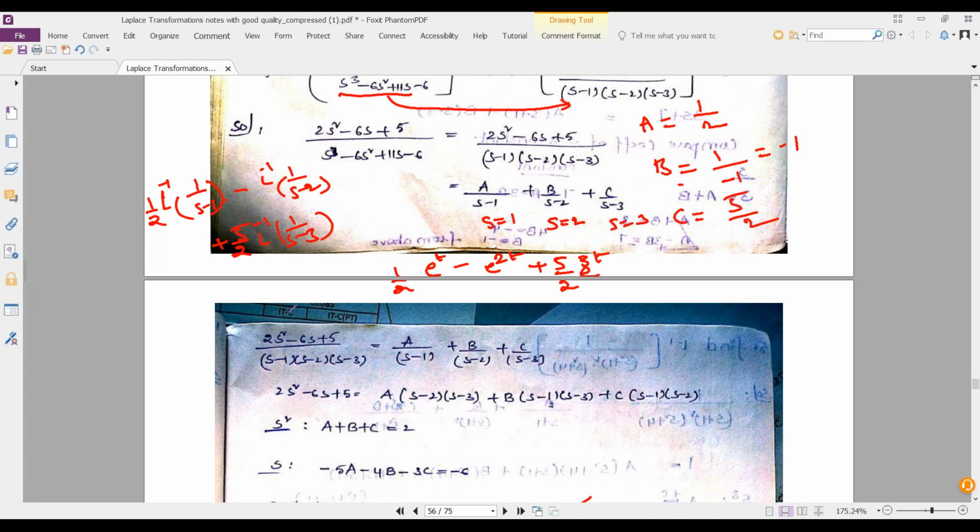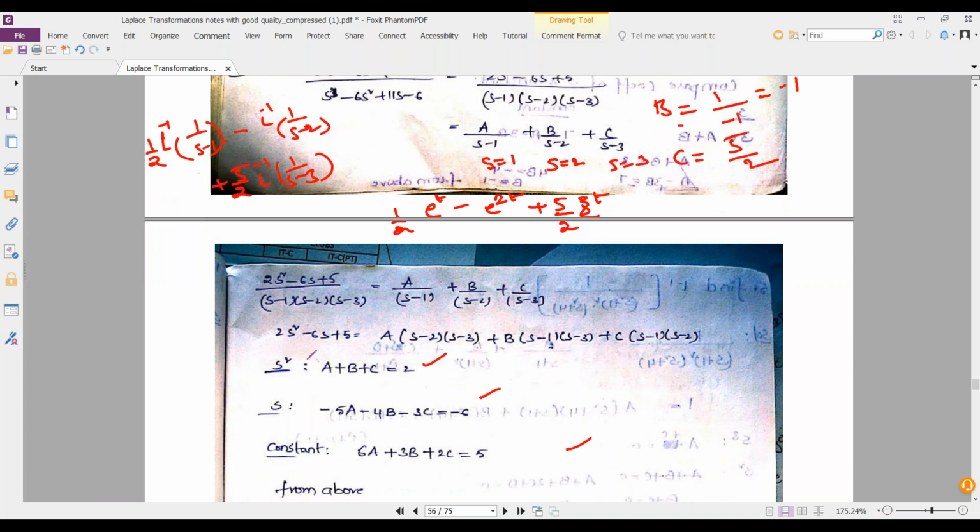Based on that logic, numerator is equal to numerator, and later, to identify the coefficients A, B, C, we equate the corresponding coefficients. From the higher degree, in this one the higher degree is s square. So equate the coefficient of s square, the coefficient of s, and the constant. After that, you simplify this and you may get the A, B, C values. That would be the easier one.